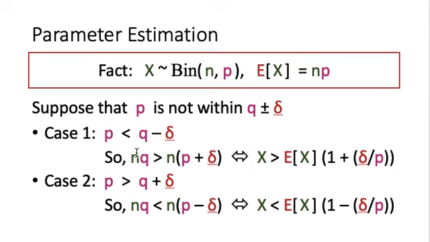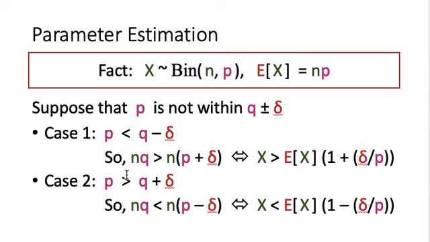So this is the actual value that we observed from our experiments. So nq is equal to x. And then what is np? np is the expected value of x. So n times p plus delta can be expressed as expected value of x multiplied by 1 plus delta over p.